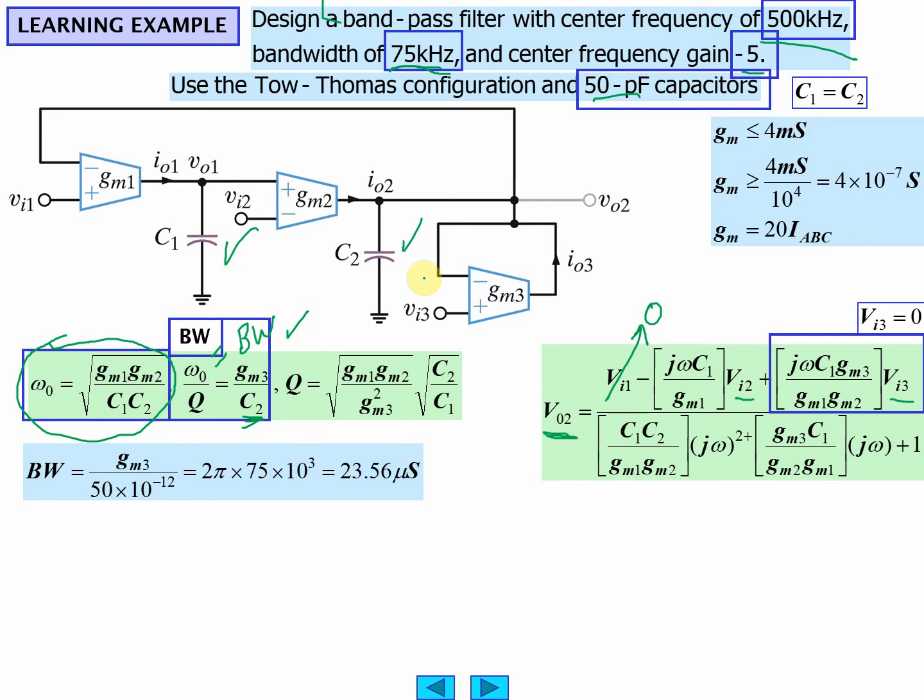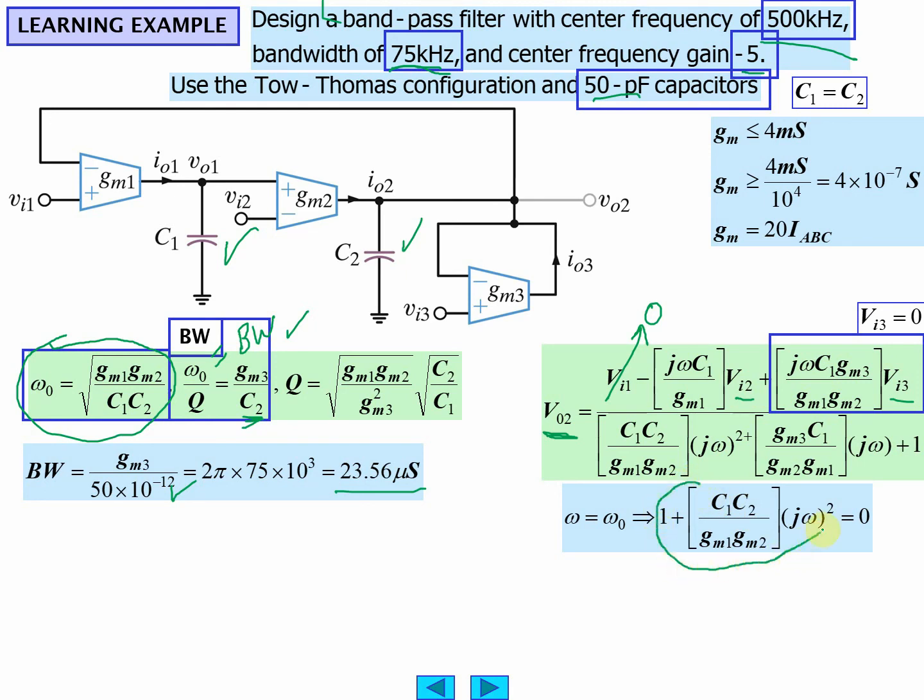So now it's a matter of number crunching. We're given the capacitor size, we can find out the gain of GM3. And we're finding out where this is the real part of the denominator.